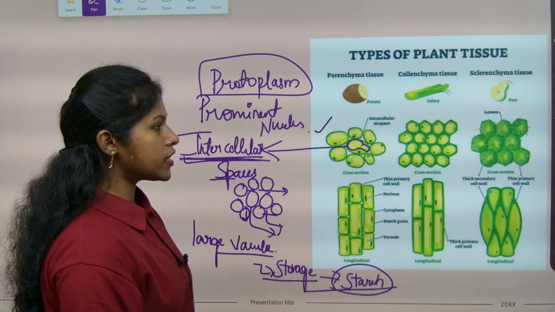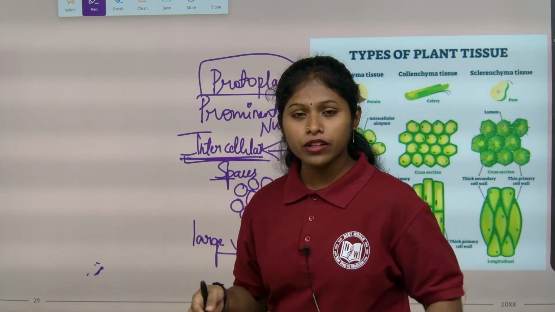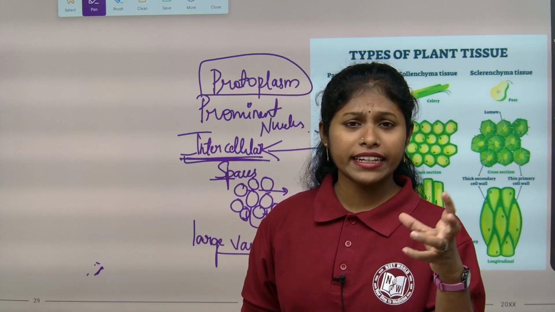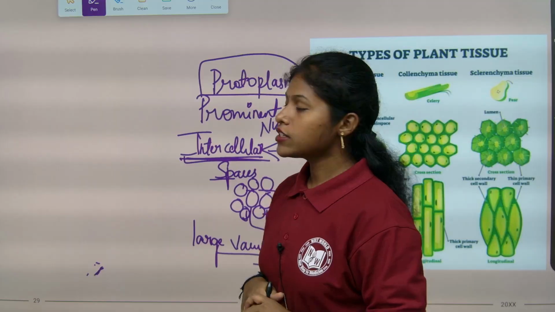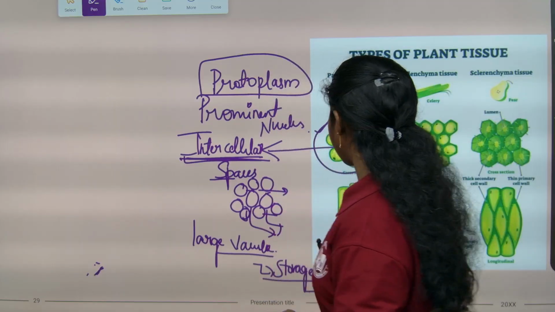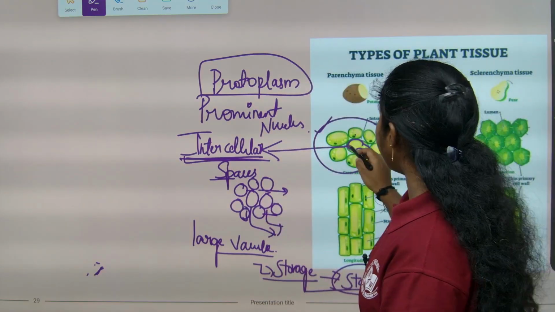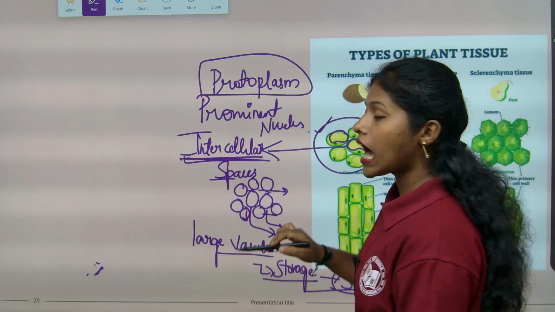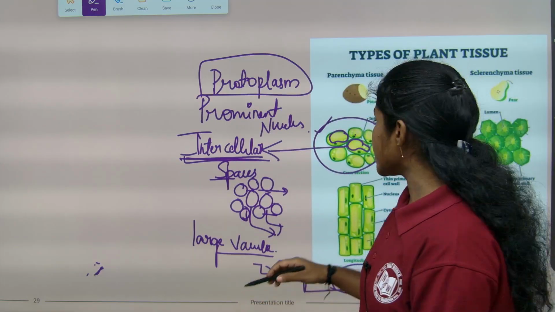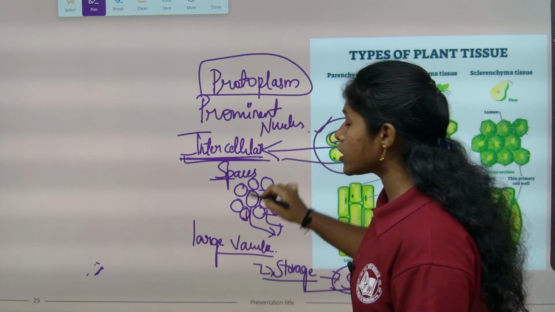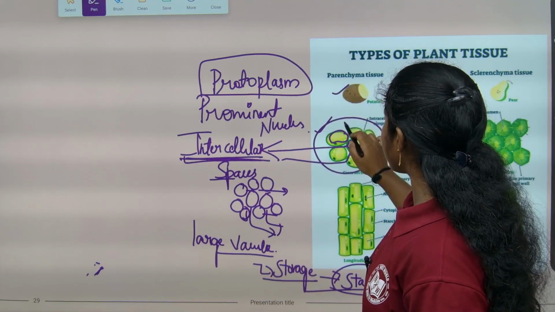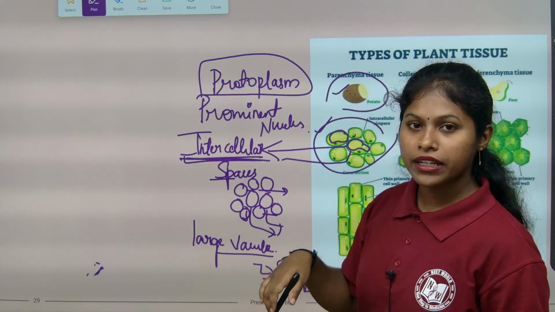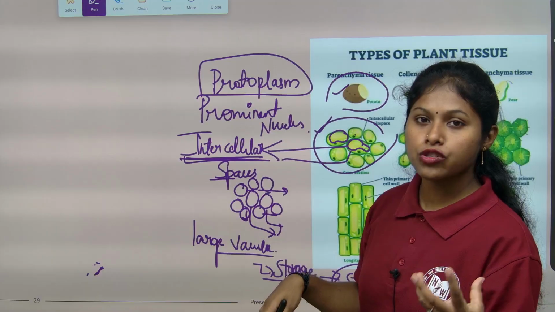Not only this, children, unwanted materials like resins, tannins and crystals are also stored by the parenchyma tissue only. So these have intercellular spaces, a prominent nucleus, and a large central vacuole which helps in storage. These intercellular spaces help in gaseous exchange. An example is the potato starch tuber, where it helps in the storage of food.